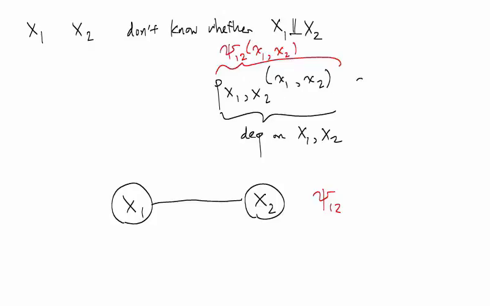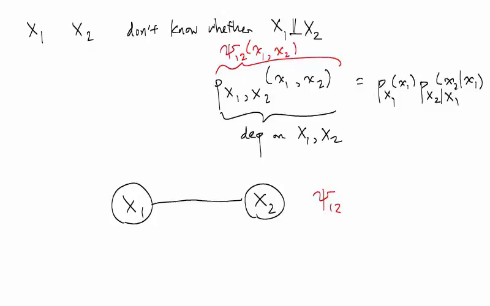What I'm going to use is, if you remember, the product rule holds regardless of whether x1 and x2 are independent. So we have p of x1 of little x1 times p of x2 given x1 of little x2 given little x1. Of course, this thing here is true for all little x1 and little x2 such that the probability of little x1 is greater than 0. We've mentioned before, if this thing is 0, this whole thing is 0.